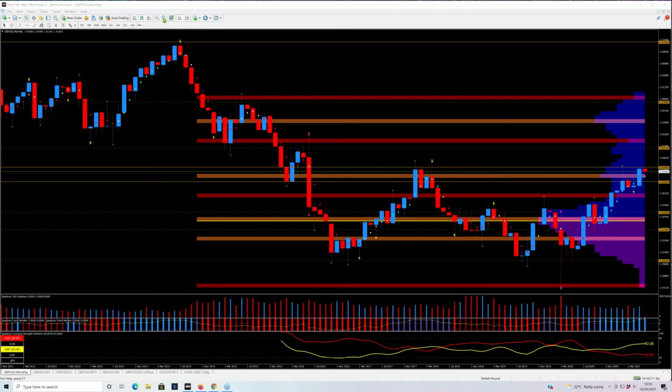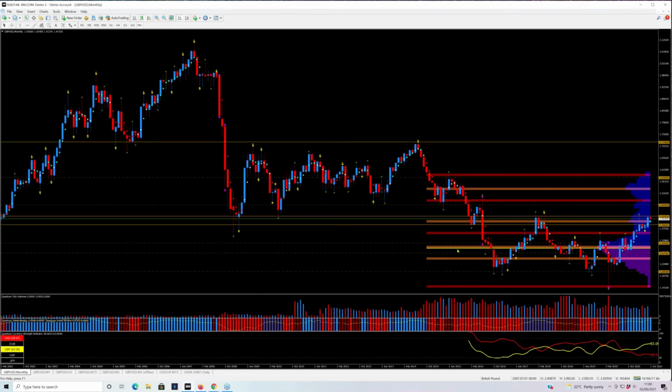And when you have a little more experience and you've been trading a little longer, look ahead. What's coming up in the next week or the next few weeks that is maybe going to have an impact on the currencies. And when you expand out, you can see quite clearly that's been around the volume point of control.